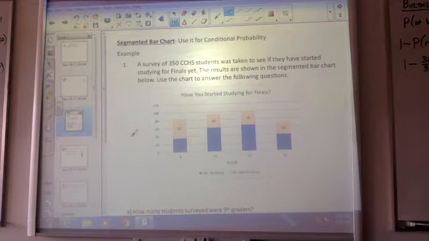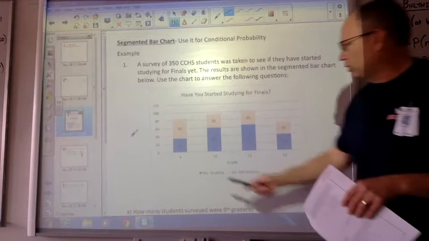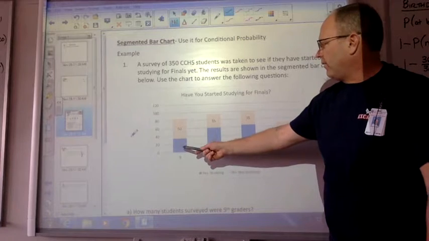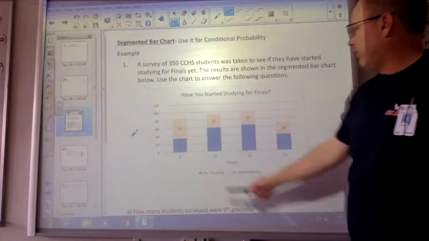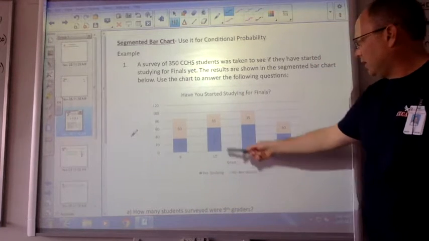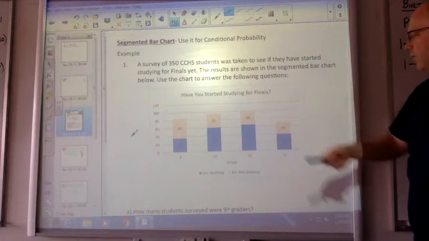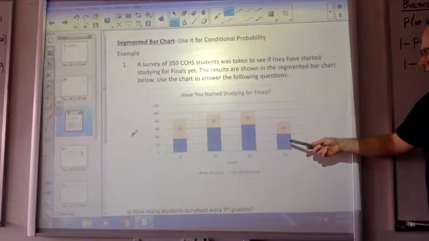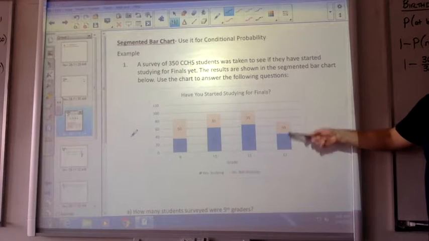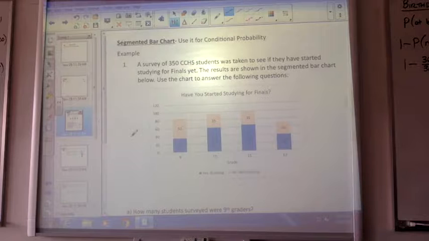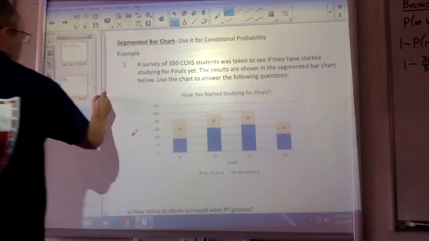So as far as ninth graders, 35 said yes, 50 said no. 10th graders, 60 said yes, 35 said no. 11th graders, 65 said yes, 35 said no. And seniors is almost an even split, with 40 said yes and 30 said no. Okay? So you understand the event that's taking place? I know it's kind of a goofy event, but let's just act like we're good people.